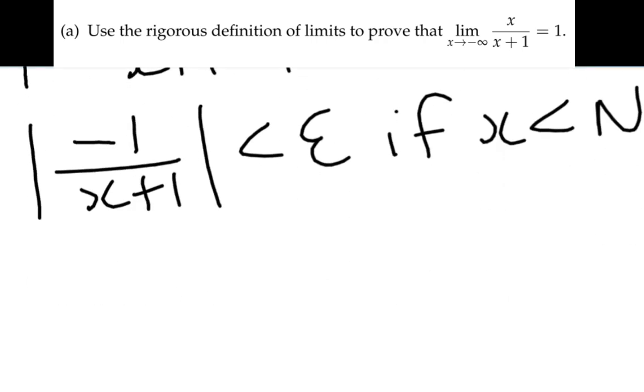Let's take the absolute value of the numerator and the denominator. The absolute value of negative 1 will just give us positive 1 on the top. The absolute value of x plus 1, we'll just leave as it is.